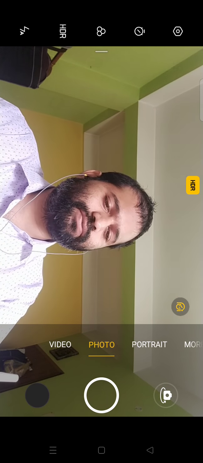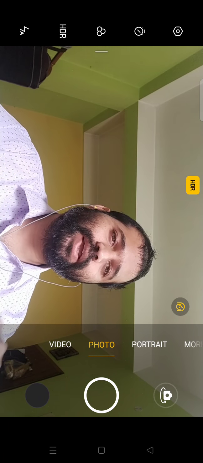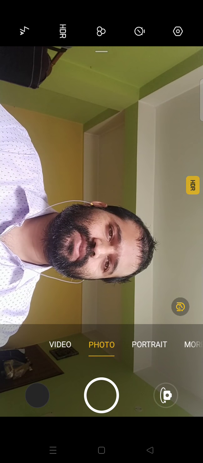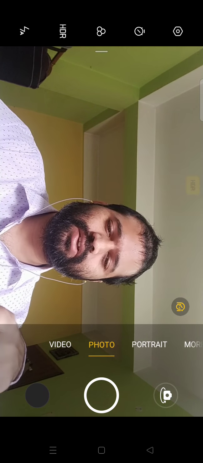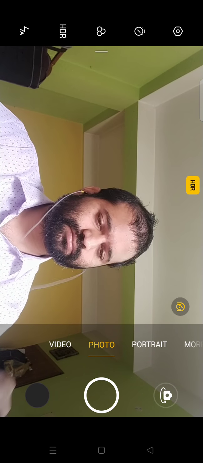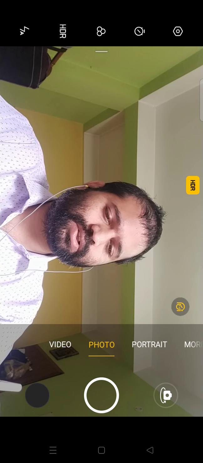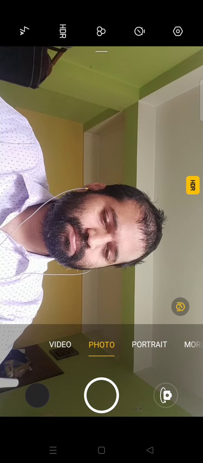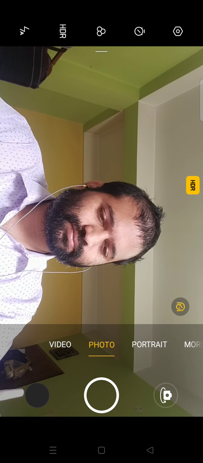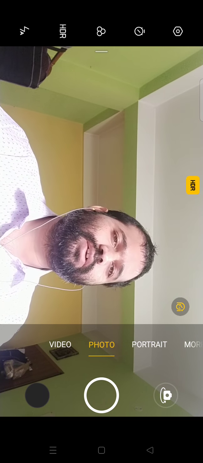Remember that this formula is used when base and height are given. If base and height are not given, you will never use this formula. Is it clear? So area of a triangle equals half into base into height. This is the formula.